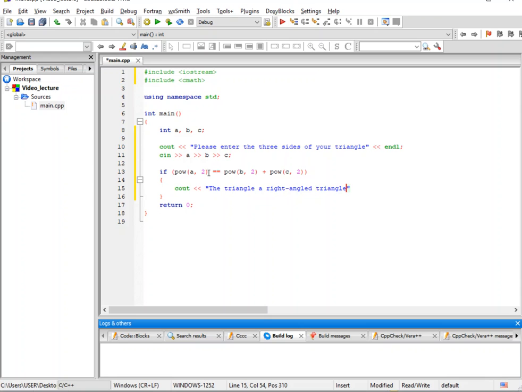Or we could just say the triangle is right angled. That will be a shorter message. Very good. So we end line. Remember to always terminate when you are ending a line.